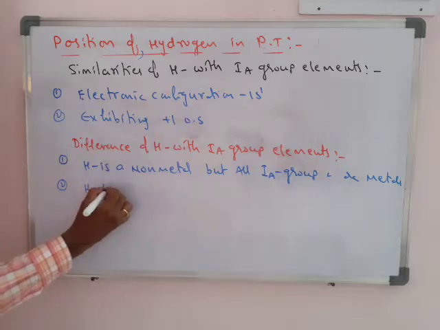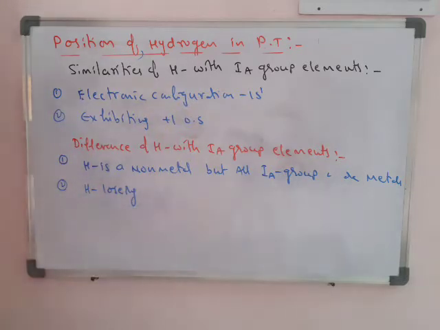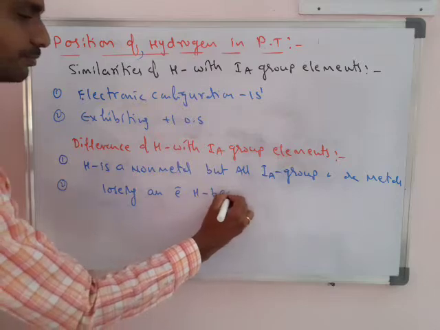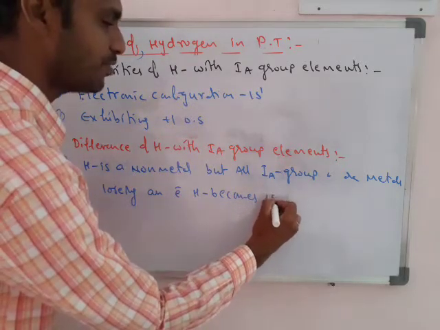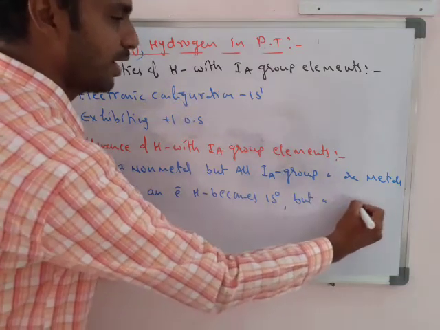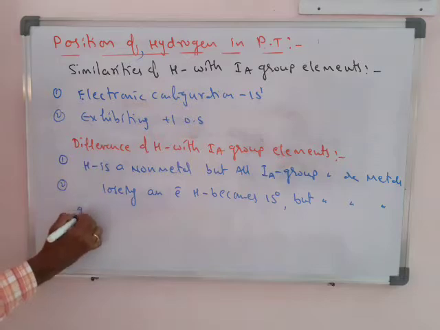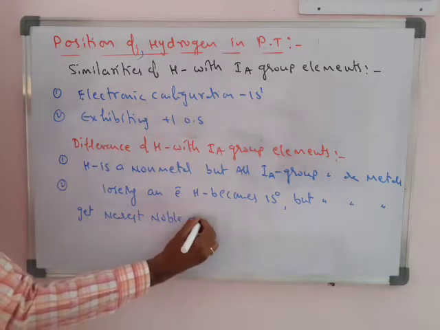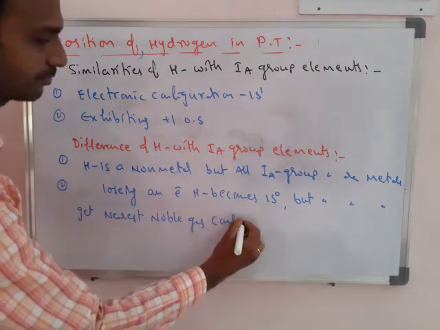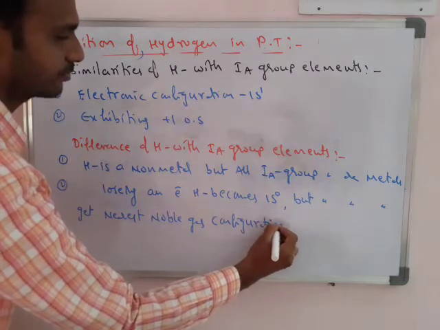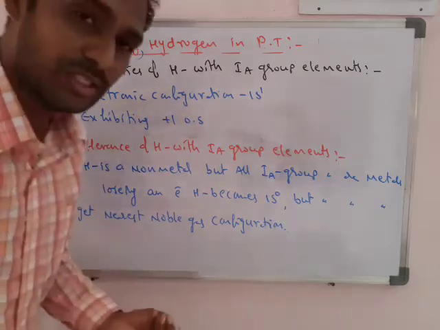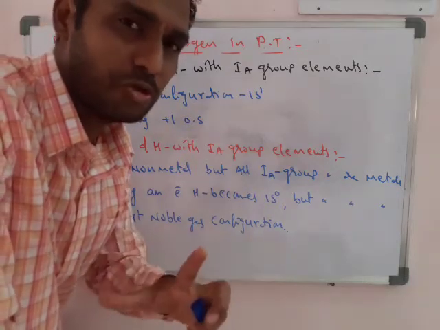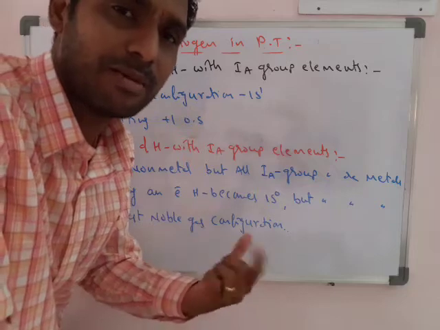Next, one more important point. Hydrogen, on losing an electron, becomes 1s0, but 1A group metals get their nearest noble gas configuration. So this possibility is not there for hydrogen. Actually, if hydrogen gains one electron, it gets the nearest noble gas helium configuration. Gaining means it becomes H minus.